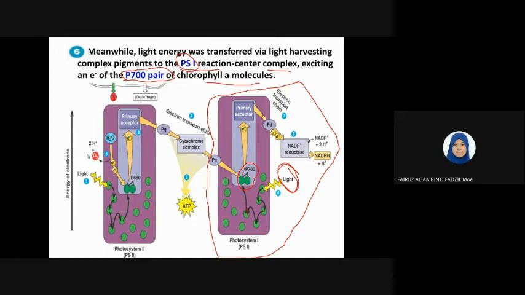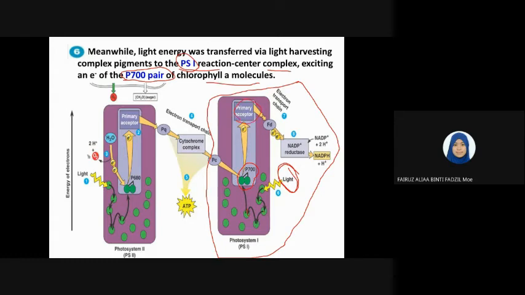It's called P700. When the energy reaches the P700, it causes the electrons of the P700 to rise to a higher energy level. The electron does not drop back. Instead, it is accepted by the primary electron acceptor.